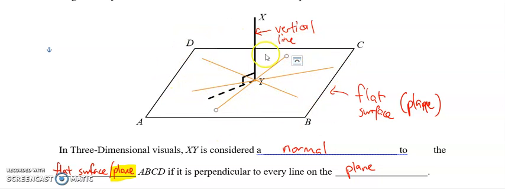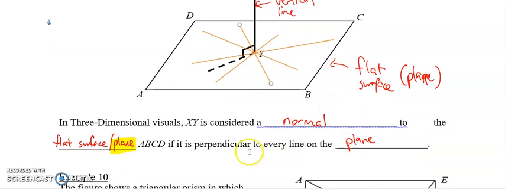You will see that all the lines at different angles that I draw through this point Y are also perpendicular to this XY. So we can draw a lot of them. This XY will be normal to this entire surface. That's what it means: it's perpendicular to every line on this plane ABCD.